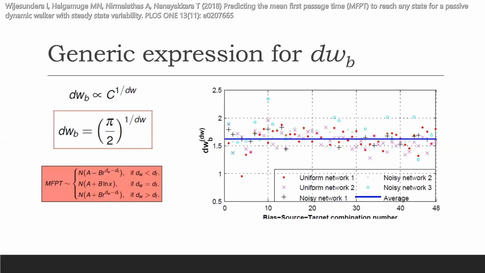Yes, that's true. The more I know about that situation, the better. So we can have memories of DW for different situations and use them in our estimations, right? Yes, something like that.